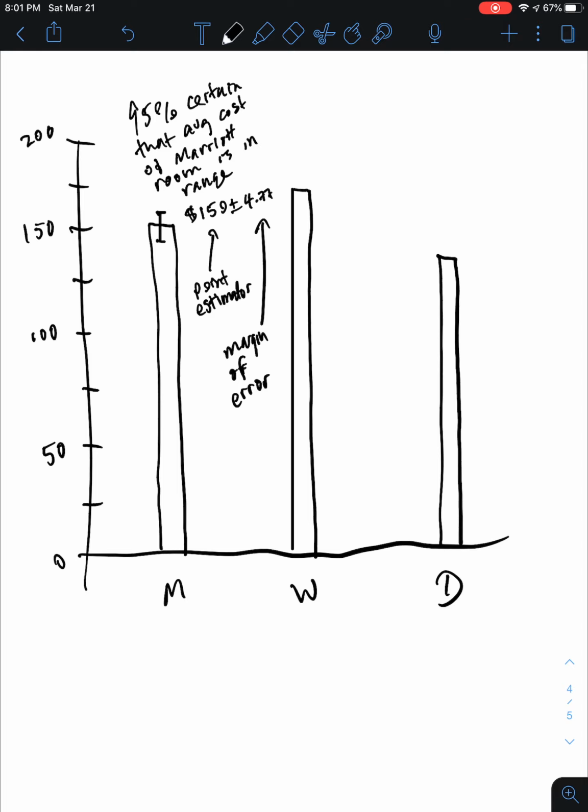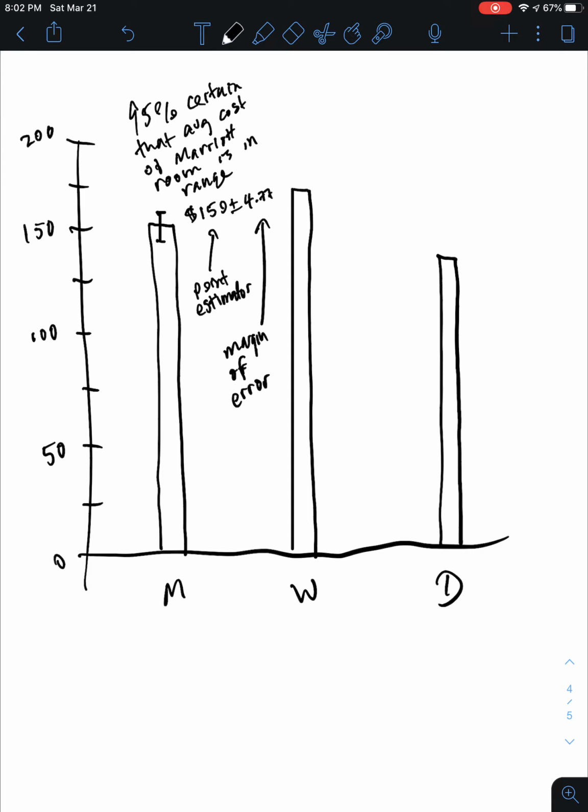But if I say that there's a 95% certainty that the average cost of a Marriott room is in the range between 145 and 155, then I am making a true statement. So if I say it's 150, that's not a true statement. If I say it's in the range between 145 and 155, 95% of the time, that is a true statement. So that's important. It's very important in science for us to make true statements.